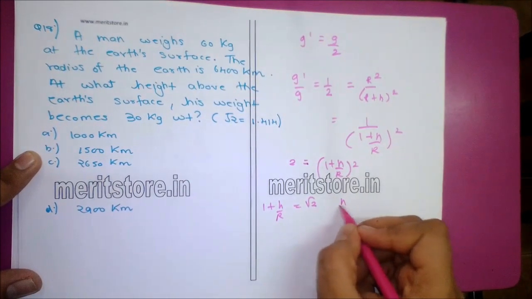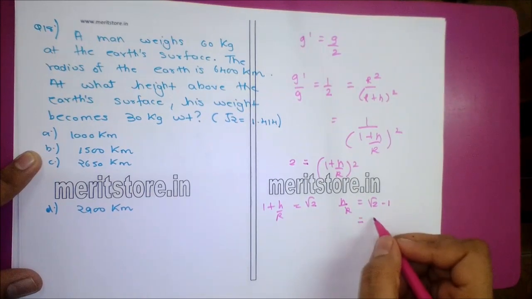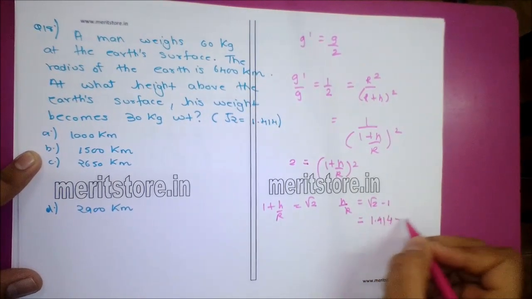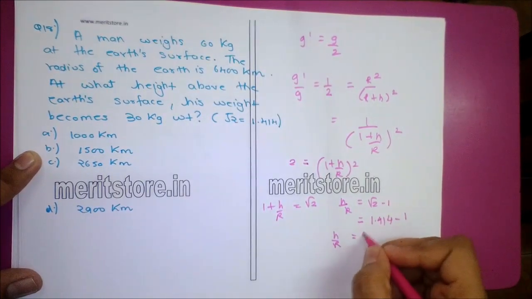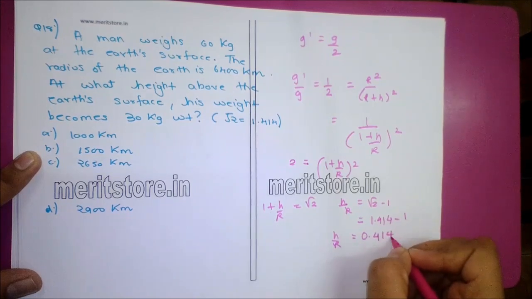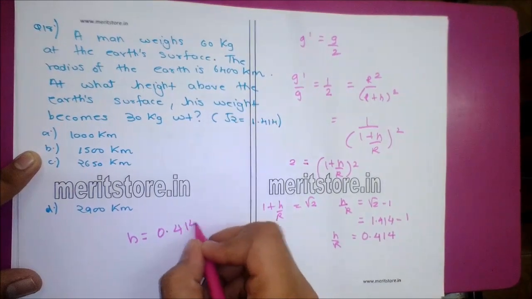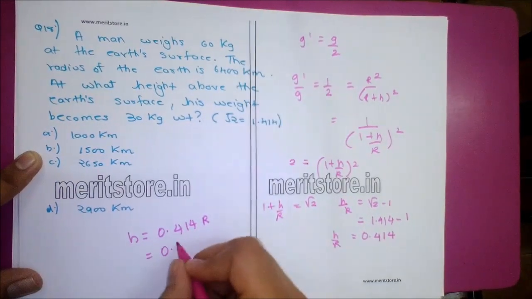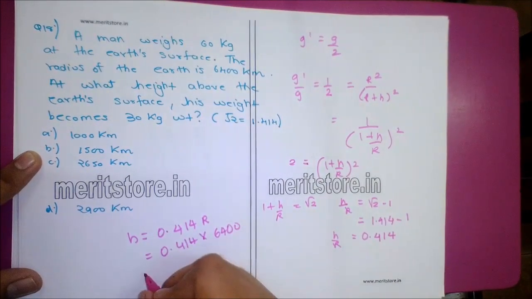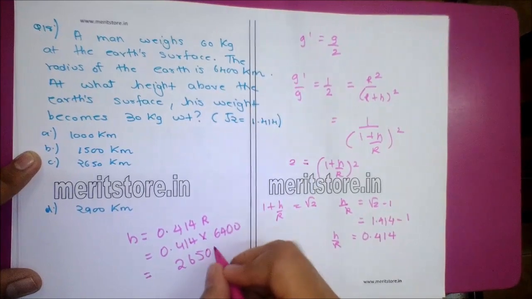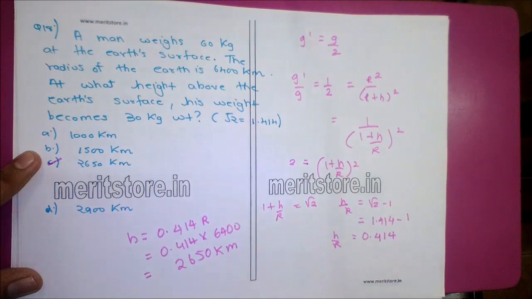So h by r is equal to square root of 2 minus 1. The value for square root of 2 is 1.414 minus 1. So value for h by r is equal to 0.414. So h is equal to 0.414 r. So 0.414, and value for r, which is given 6400, on solving we get 2650 km. So option C, 2650 km, is the correct answer.